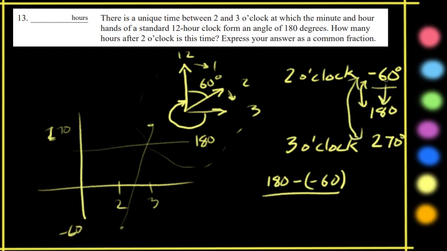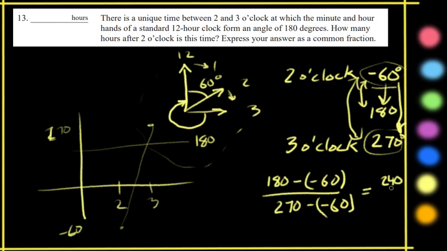Some fraction of the total, and since it's linear, it'll be just the difference between these two angles divided by the difference between these two angles. So this is going to be 270 minus a negative 60. I'm going to put that in parentheses. So this is equal to 240 on the top divided by 330. And if you divide both the top and bottom by 30, you get 8/11.